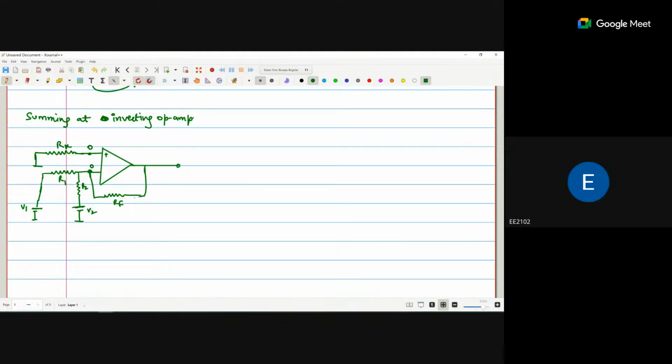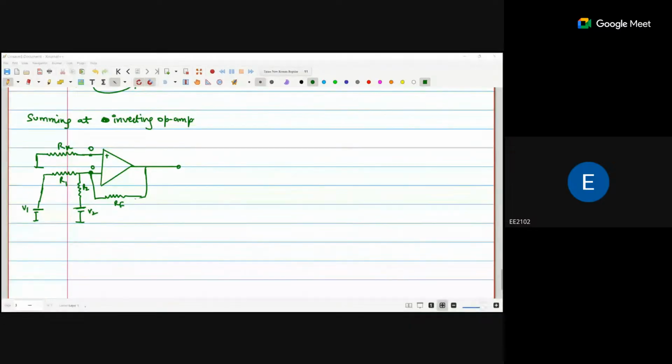Okay, now you can solve using the superposition theorem. So first we consider V2 as grounded. I'll just copy paste this one.